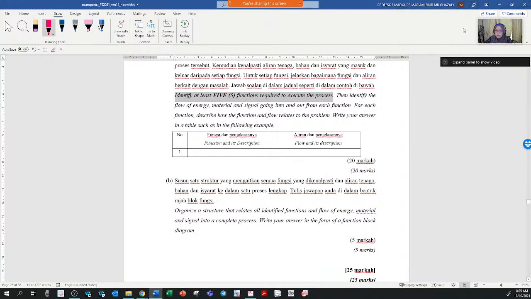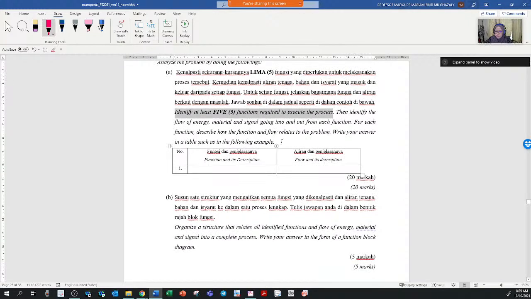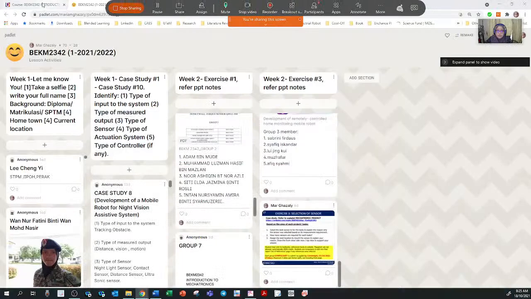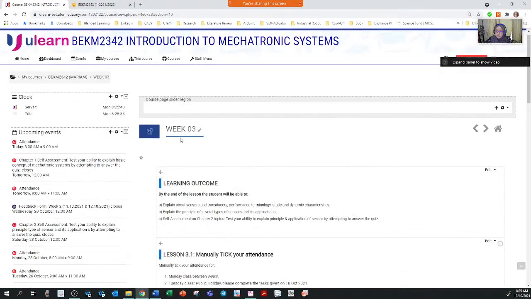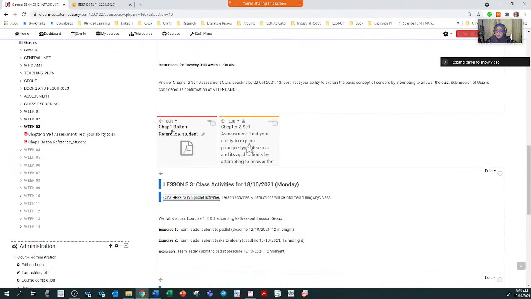For this explanation of identifying these 5 functions, please refer to the notes that I have loaded in chapter 3 here, which is chapter 1, Bolton reference for students. This one is explaining about the flow chart just now. What type of description and flow.